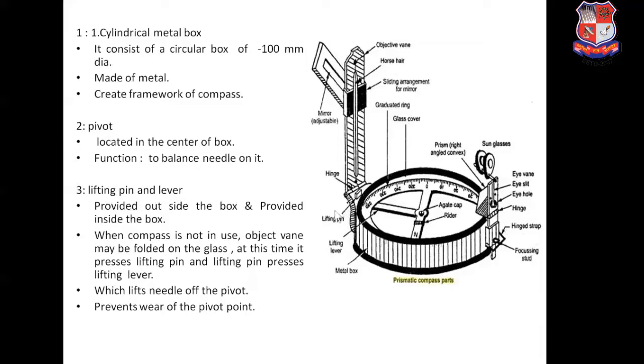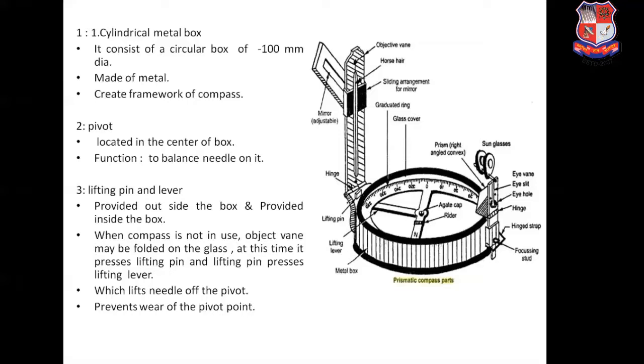This is the lifting pin, you can see here, and inside the prismatic compass, lifting lever is provided. So lifting pin is provided outside the box, and lifting lever is provided inside the box. When the compass is not in use, the object vane may be folded on the glass.